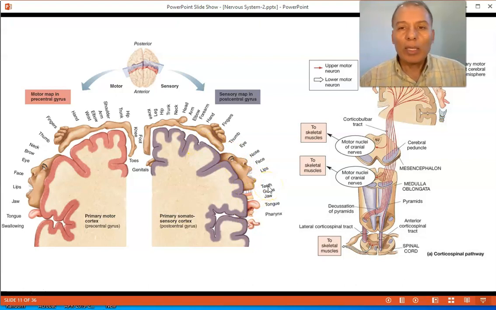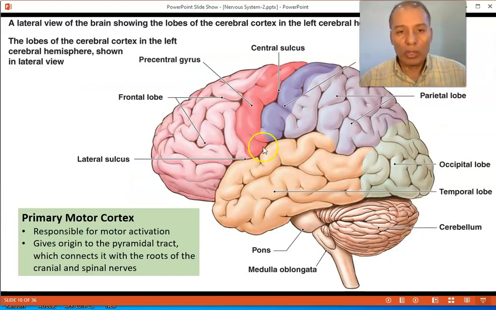Now go back again. I'm going to show you where they all lie on this map. So here's the tongue and the head and the lips for motor, and the same tongue, lips, and head for sensation. So you move your tongue, you feel it in the somatosensory cortex, and in front of this motor area is the premotor area, or the motor planning area.